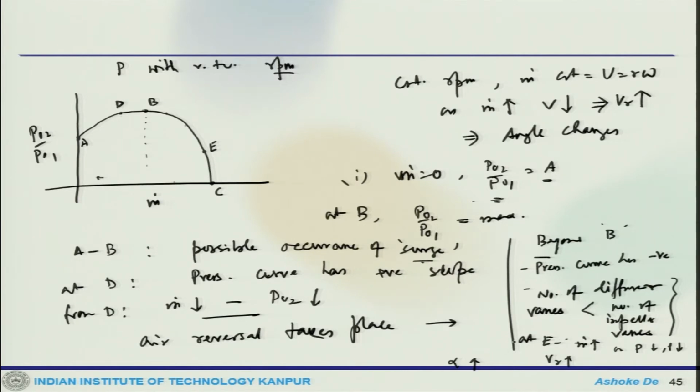So, after a certain point, it is not possible to increase m dot any further. This is called choking in a compressor, and that means this corresponds to the maximum flow rate for the particular RPM for which the curve is drawn. That means the m dot max condition is obtained.